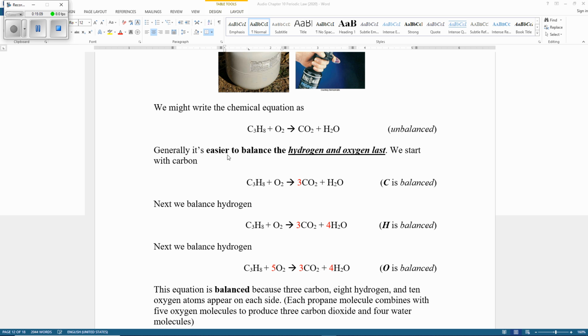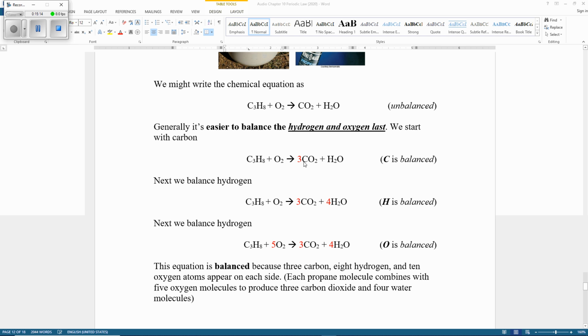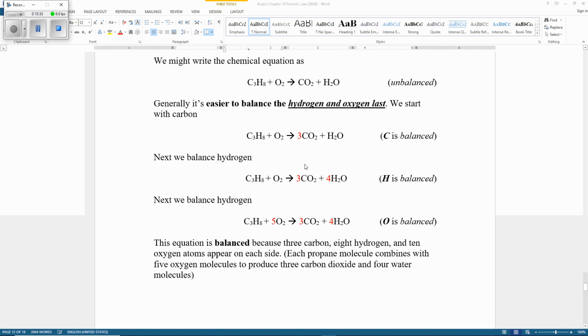As the rule, we are going to balance carbon first. Before you have three, after only one, there's no carbon there. So first thing is times three. So three carbon and three carbon. So carbon is okay. Next, how about hydrogen? Before you have eight hydrogen atoms.